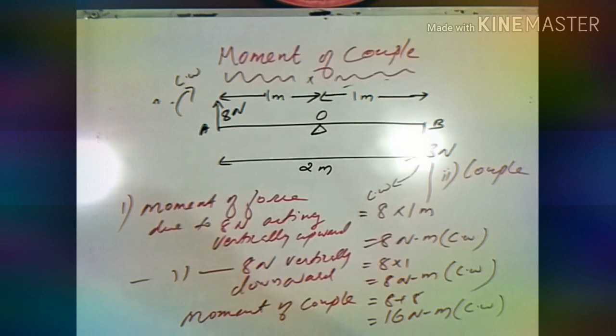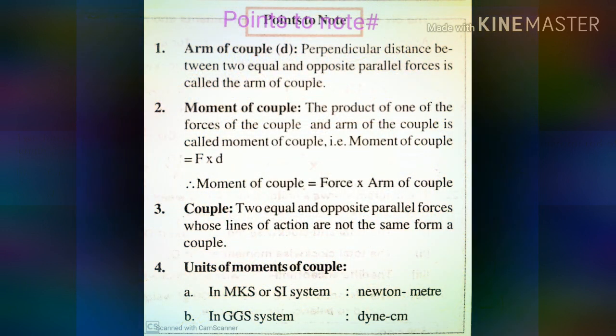Okay, fine. Now what are the important key points we learned in today's session? Please note down the key points, because they play an important role in learning physics. First, arm of couple: the perpendicular distance between two equal and opposite parallel forces is called the arm of couple. Second, moment of couple: the product of one of the forces and the arm of the couple is called moment of couple.